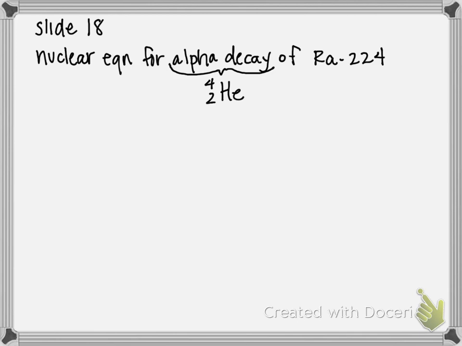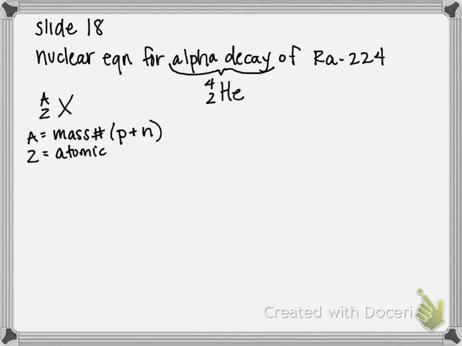Atomic symbols, or isotopic notation, is generally in the format A/Z next to X. A represents our element's mass number, which is the number of protons plus neutrons. Z is equal to the atomic number of an element, and that's equal to the number of protons.